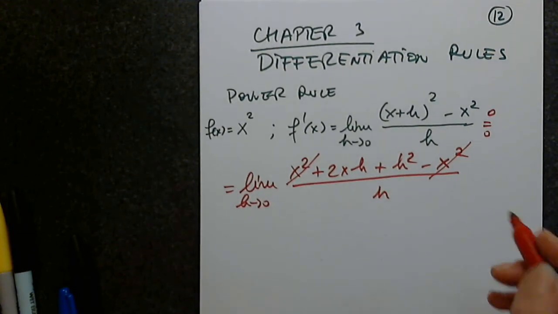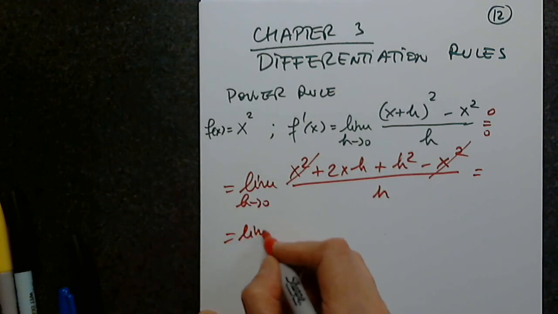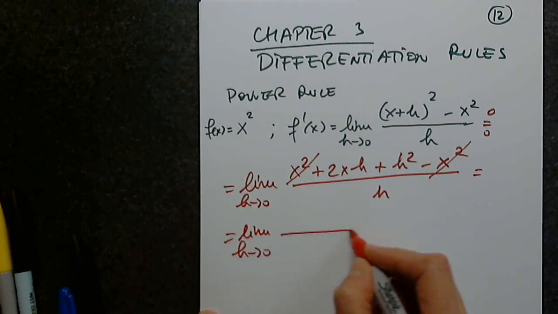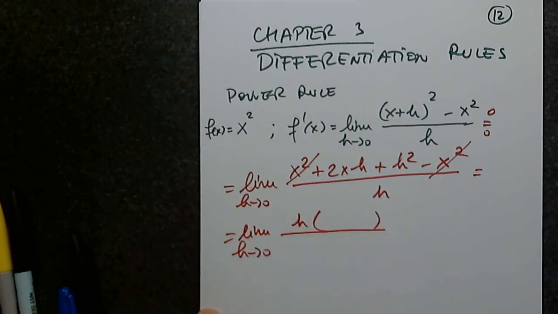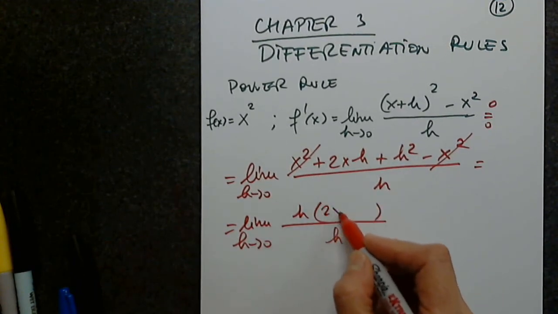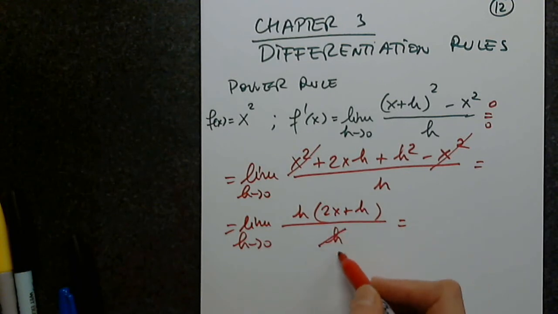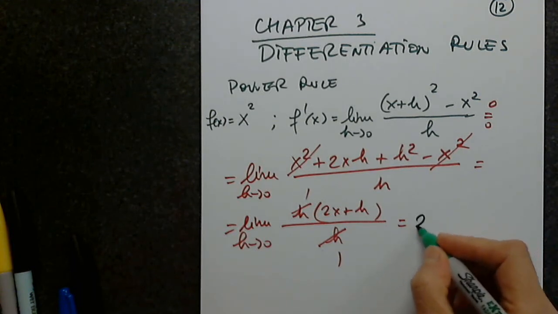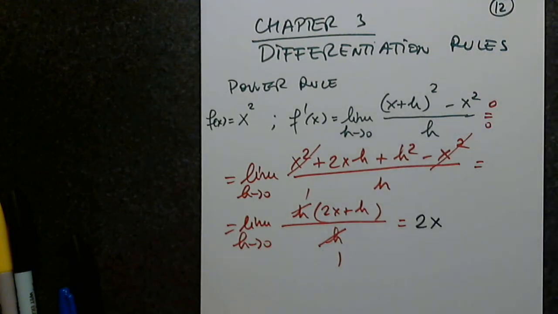The terms without h must go away, and we factor out h at the top. Very good, as we've done this for a month already. The numerator has h times (2x + h). I simplify and drop the limit operator. What do I get? As h approaches 0, it's 2x.